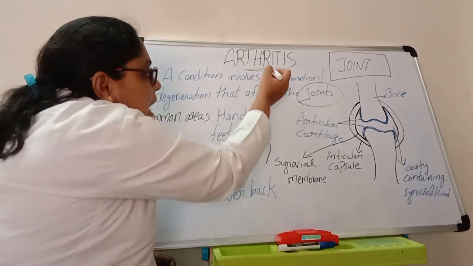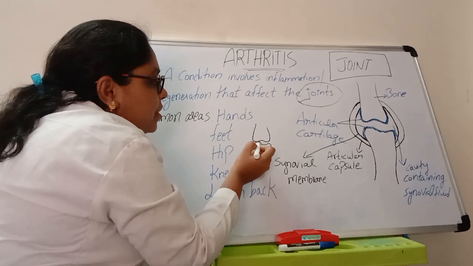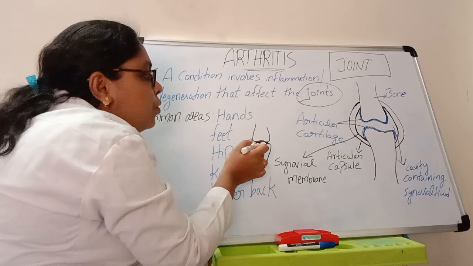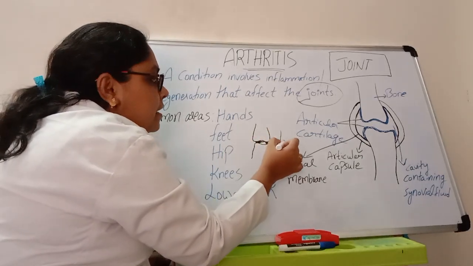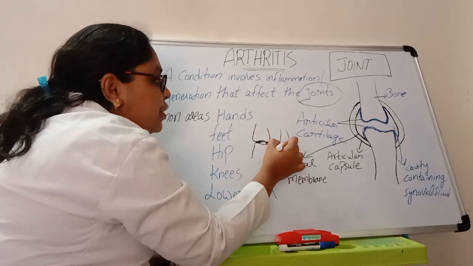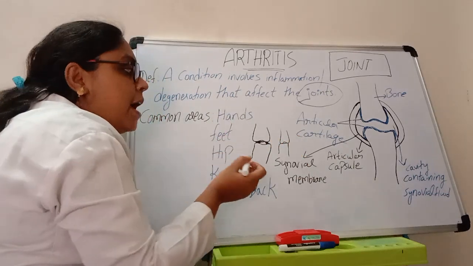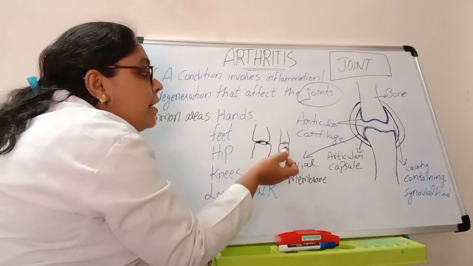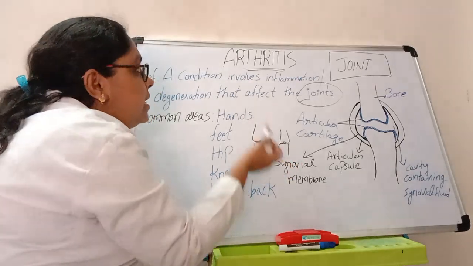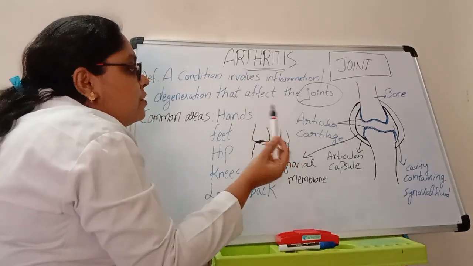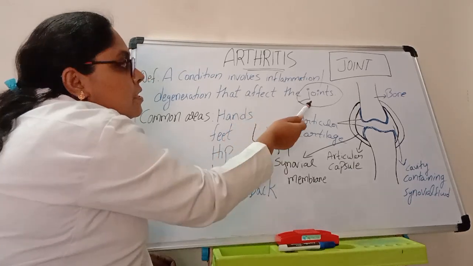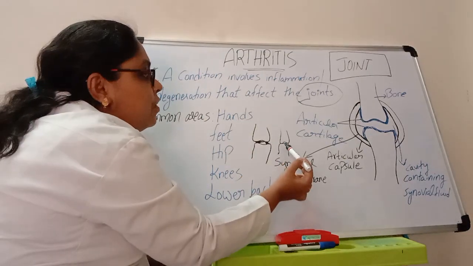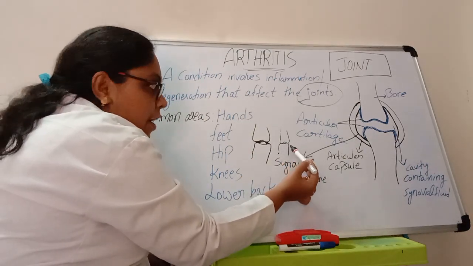Because of arthritis, there may be an inflammation process or degeneration, so the two bones get closer. You can see the attaching of the two bones, and because of this it leads to disability of the joint. Clear? So that is arthritis: the joint is getting closer and it is leading to disability of the joint.